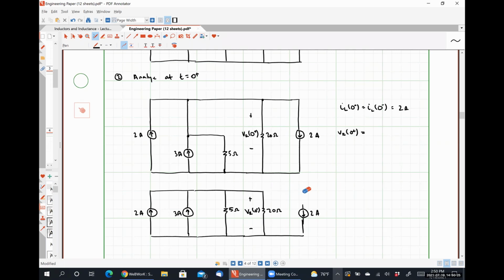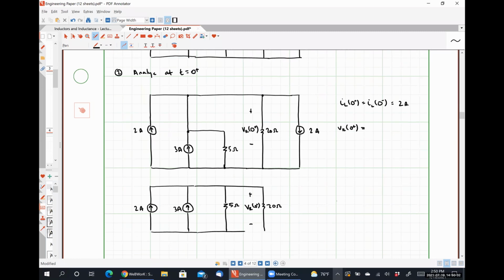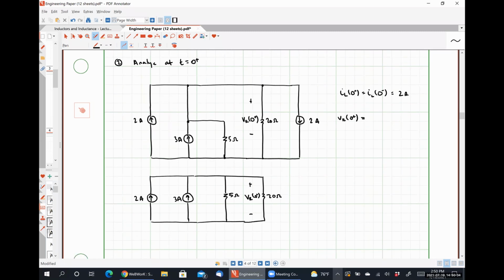So I could say that this one doesn't do anything. And similarly, this one right here isn't contributing either. The 2 amps up and the 2 amps down cancel each other out, because that's how current sources combine. We learned that way back in lecture 4.